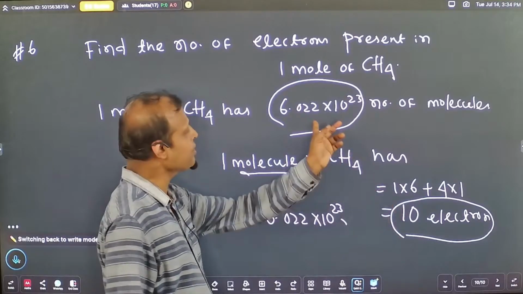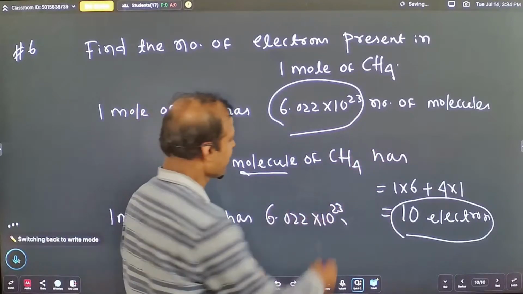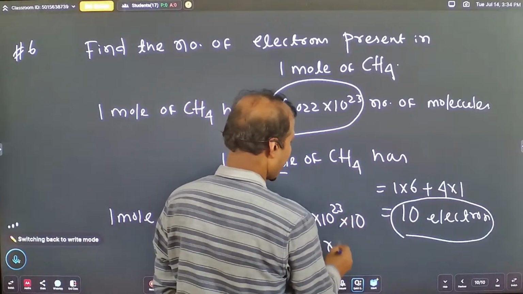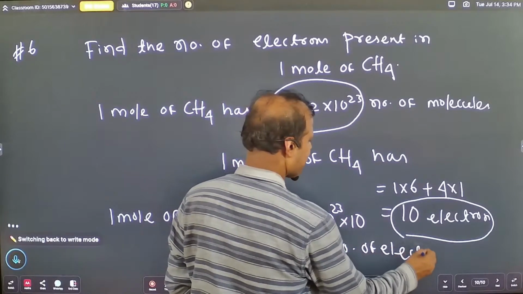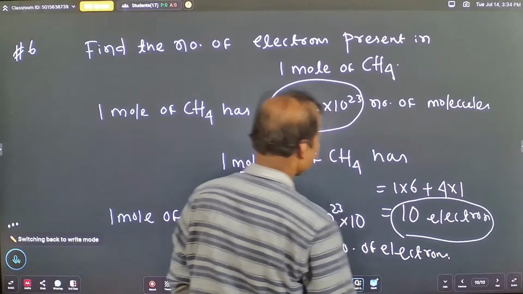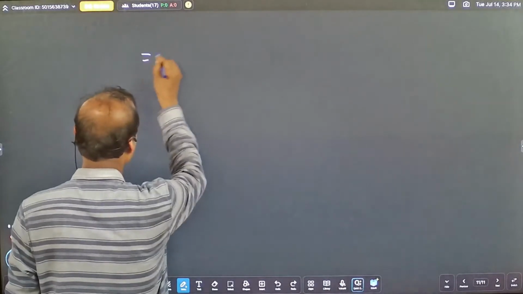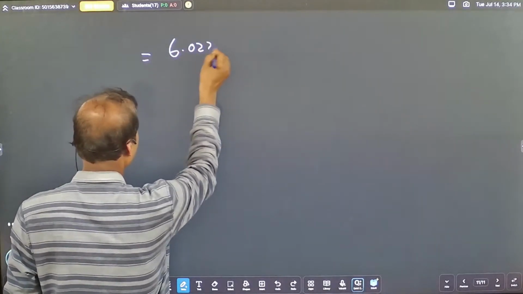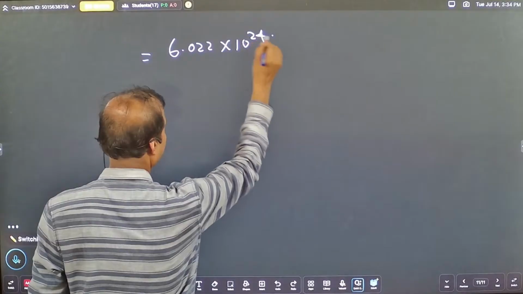So this much number of molecules have how many electrons? Multiplied by 10. That is equal to 6.022 into 10 to the power 24 number of electrons.